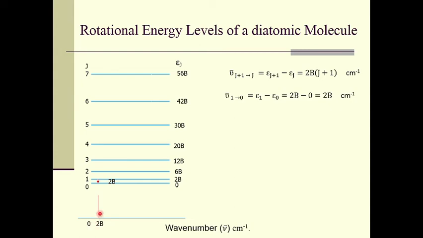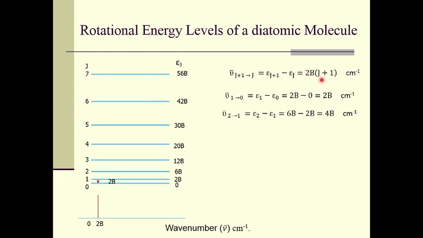So b is some constant, that constant multiplied by 2 gives us the wave number, and on that wave number scale we get this line. For the second transition, from 2 to 1, j is equal to 2 and j is equal to 1 here. So if I put j equal to 1 here, we get 2b into j plus 1.